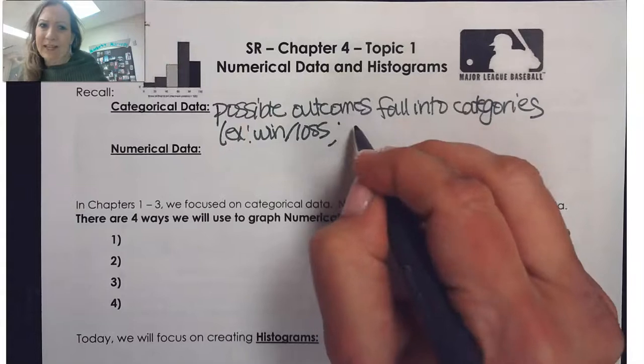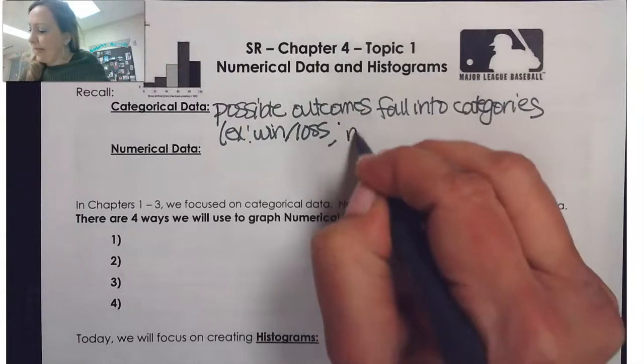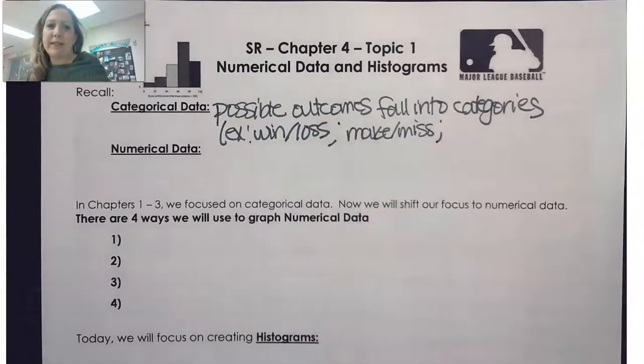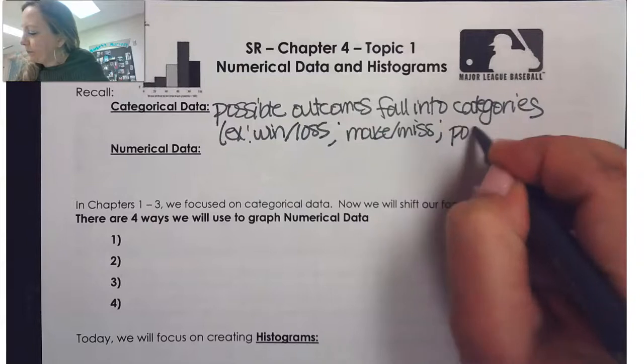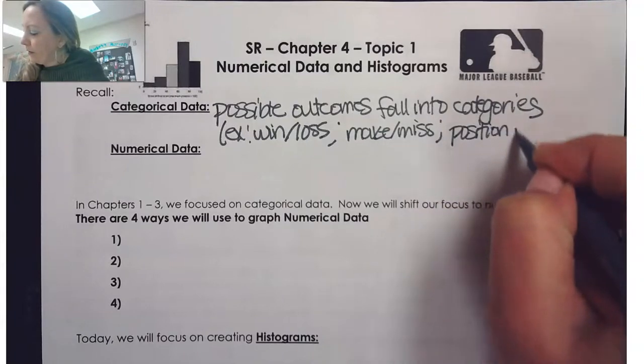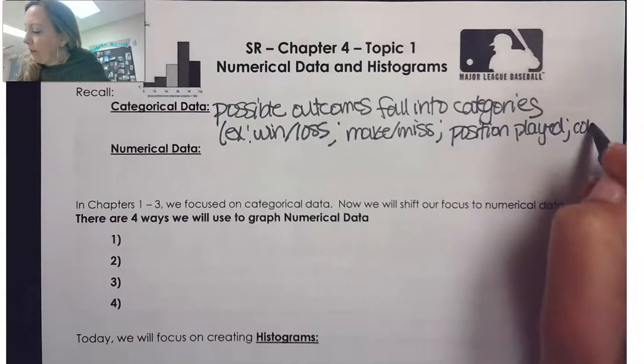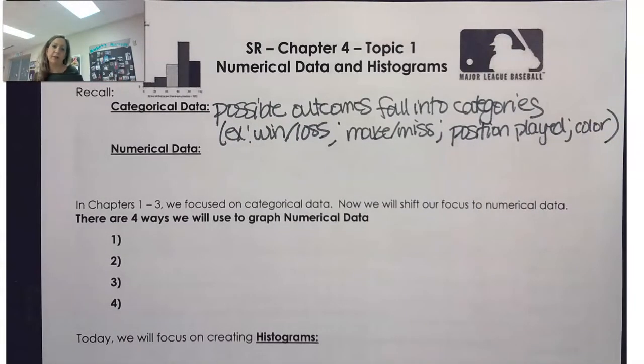Again, we've done a lot of successes and failures, like a make versus a miss. But something like the position you play or color, those are categorical variables because they're basically descriptive.